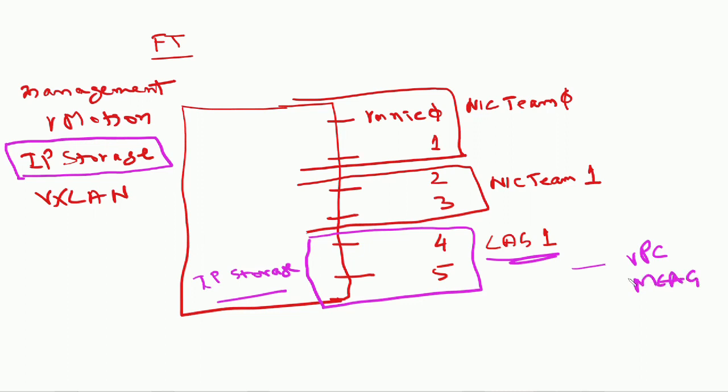This is usually a good idea, because even if these are 1 gig ports, you have a decent amount of traffic traversing this. But in the modern world you would probably have 10 gig. So a 20 gig capability for bandwidth is usually plenty for IP storage.